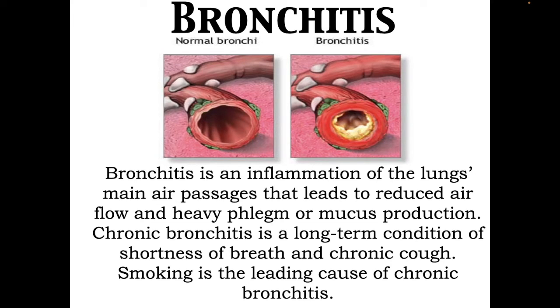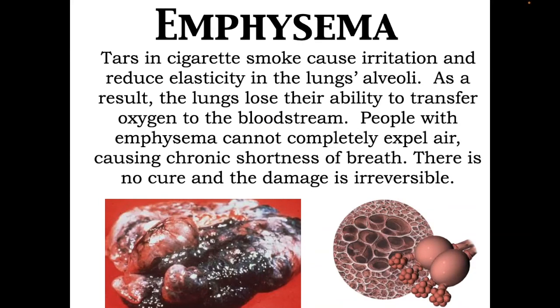Chronic bronchitis is a long-term condition of shortness of breath and chronic cough, and smoking is a leading cause of this. Now, emphysema is basically, again, a result of cigarette smoke or smoking, and basically the tar in the cigarette causes an irritation of the alveoli, but it also reduces elasticity in the alveoli. So the alveoli, remember, are like little balloons.